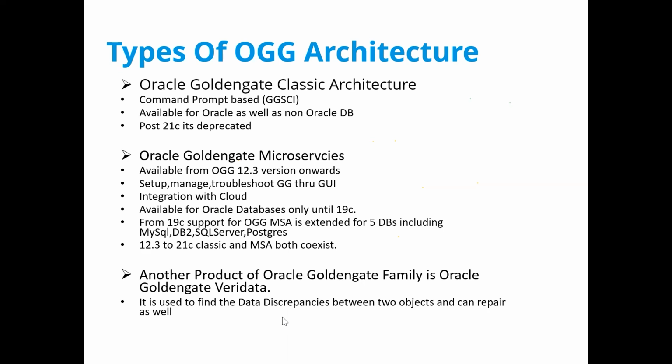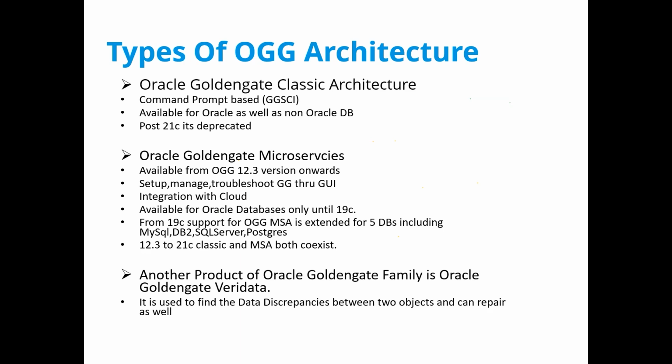Veridata is used to find the data discrepancies among the objects, and then if required it can repair those discrepancies as well. So these are the three things which constitute the Oracle GoldenGate environment: classic architecture, microservices, and Veridata.